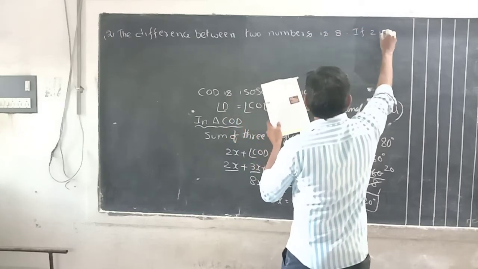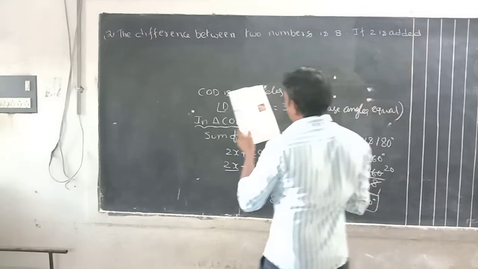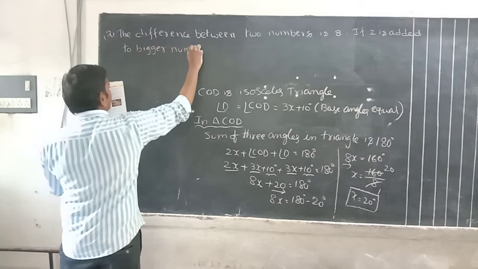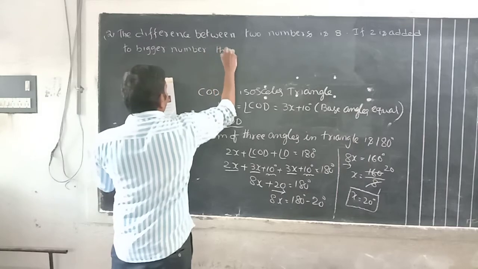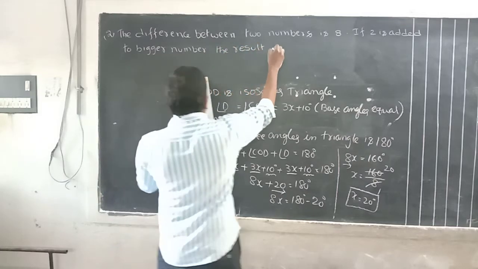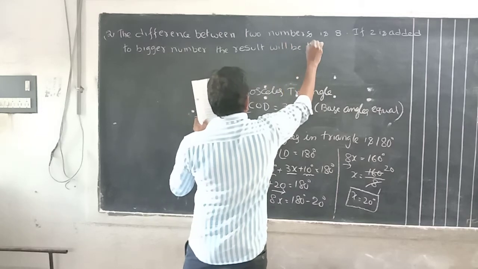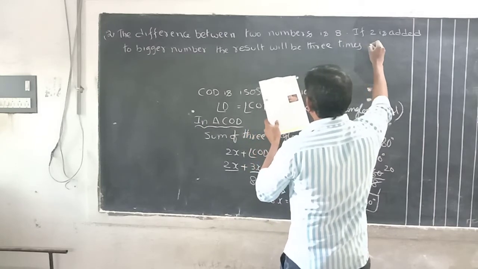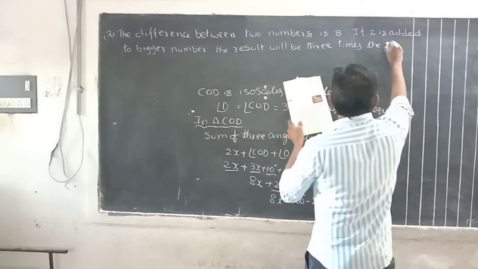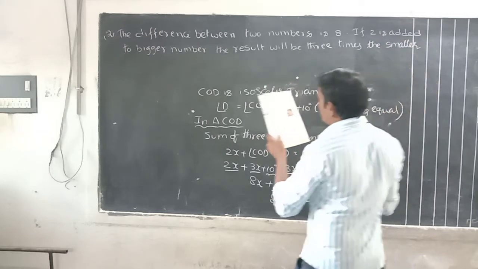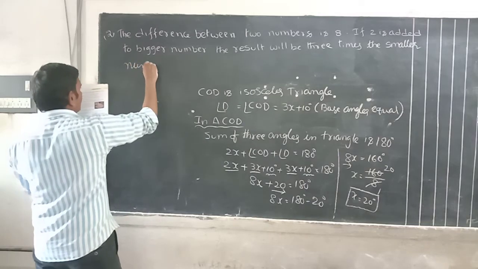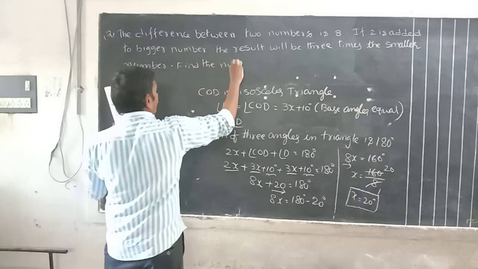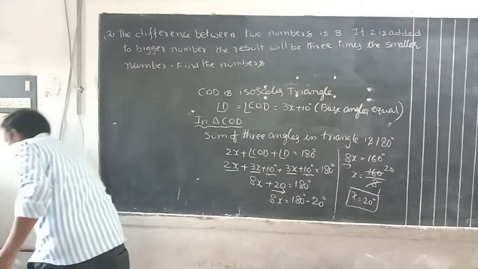If 2 is added to the bigger number, the result will be 3 times the smaller. Find the numbers.